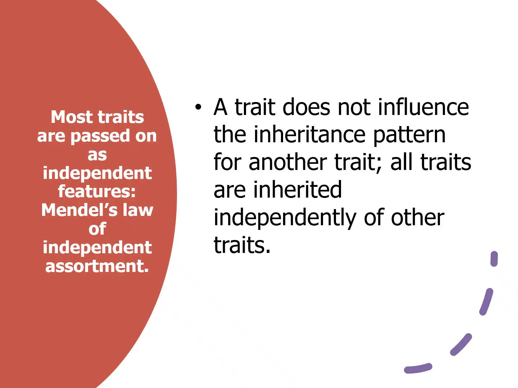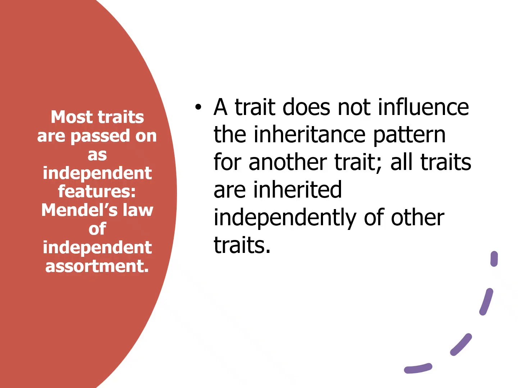All right. So a trait will not influence the inheritance pattern for another trait, and we actually saw this in lab. We saw it with the corn. The purple or yellow corn did not affect whether or not the corn was round or wrinkled. So this leads us to this assumption here that all traits are inherited independently of other traits.